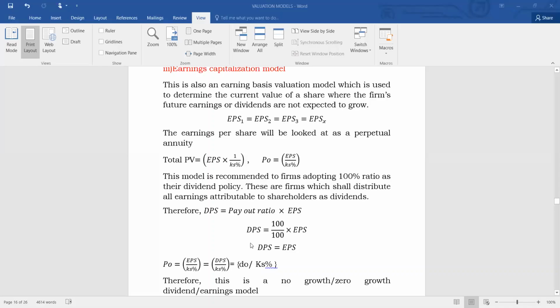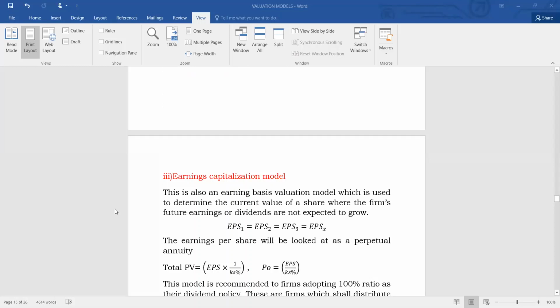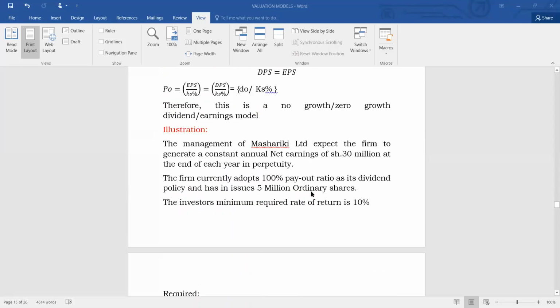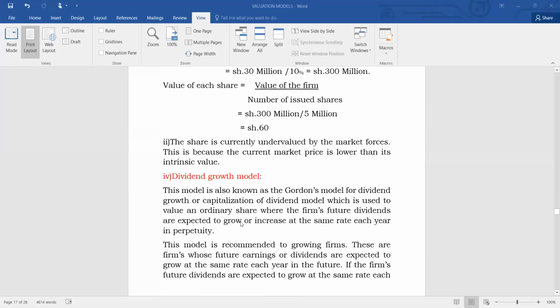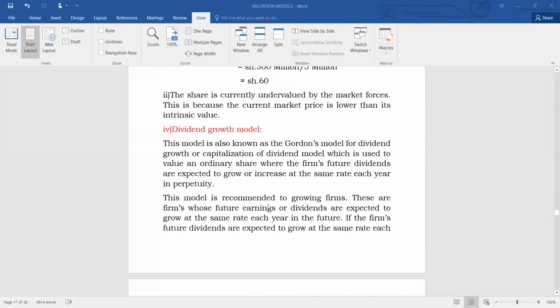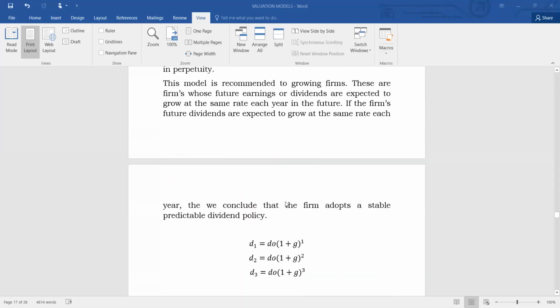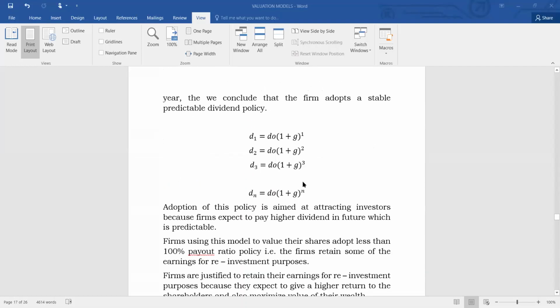The capitalization of earnings model we went through had no growth. But when we bring in dividend growth, if future dividends are expected to grow at the same rate each year, then we use the dividend growth model.